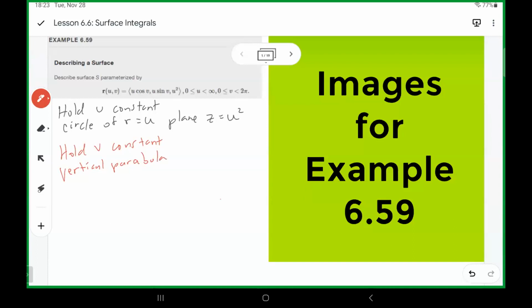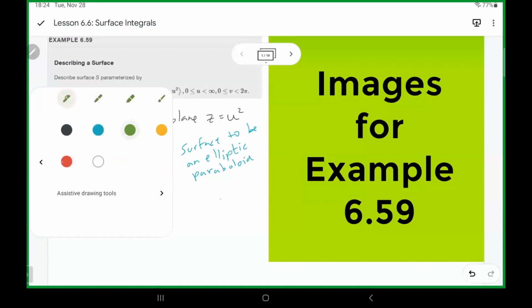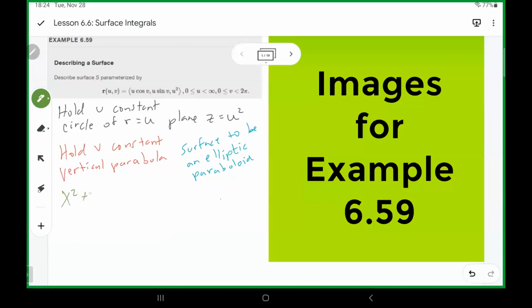So we expect the surface... okay, so what we know then is x squared plus y squared equals (u cosine v) squared, plus (u sine v) squared.